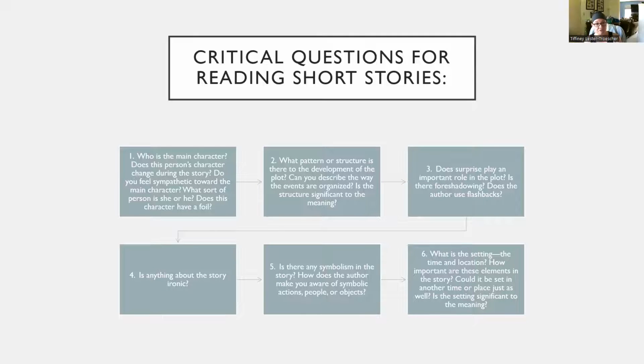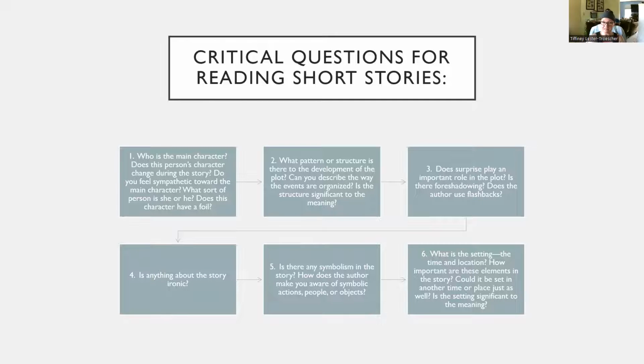But then there are other stories where putting it in a different location or a different time period doesn't work. If you think back to Trifles, we learned that one of the important things about understanding the events in that play was thinking about the time period in which it took place.